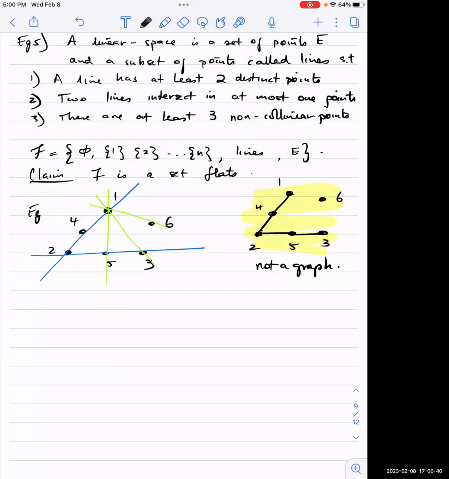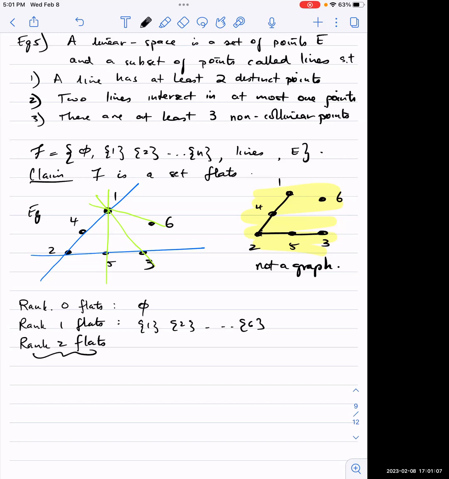So what would be the flats? Well, we can break them up by rank. The rank 0 flat is the empty set. The rank 1 flats are the singletons, 1, 2, up to 6. The rank 2 flats are the lines in this incidence geometry.